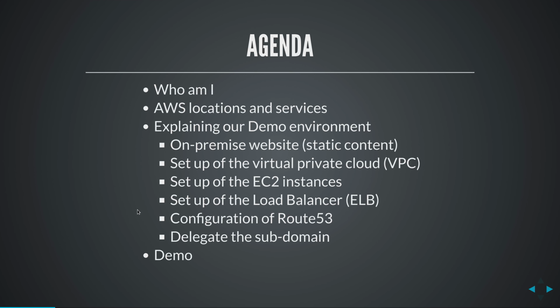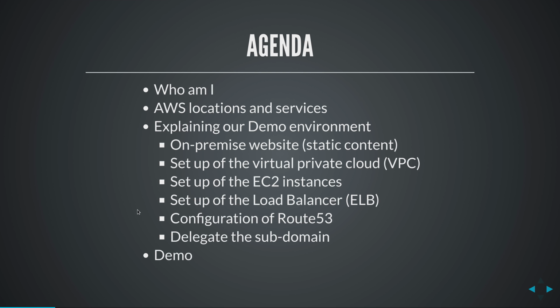Well, what's the agenda for tonight? Who am I? Well, that part of the introduction we already covered. Next, we're going to talk about the AWS locations and then the services we are going to use within AWS. We will be explaining our demo environment with our very simple on-premise website, which only serves static content from the index.html file.